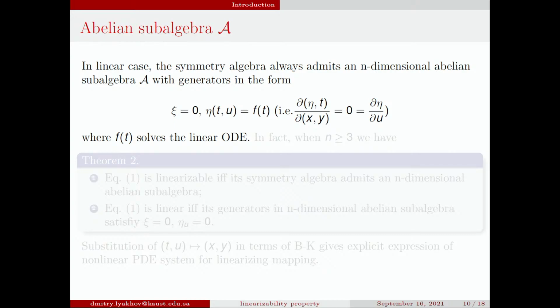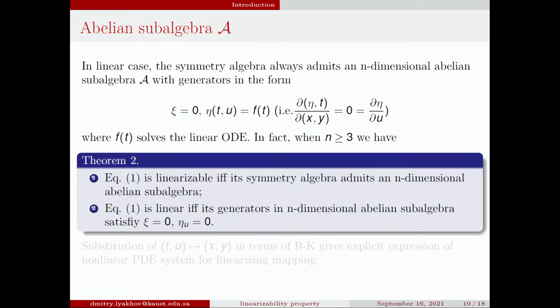So we can express the second condition in Jacobian form. Actually, when n is greater than 2, we have this theorem 2. Equation 1 is linearizable if and only if its symmetry algebra admits an n-dimensional abelian subalgebra, like what we mentioned here.